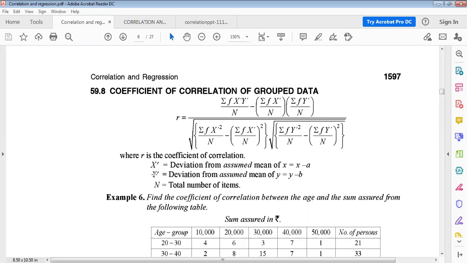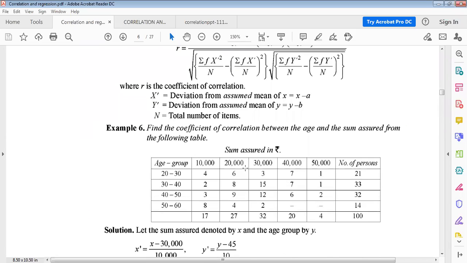And y dash is the deviation from the assumed mean, that means y dash equals y minus b, where b is the assumed mean for the y data. Now n is the total number of items, that means the total frequency.